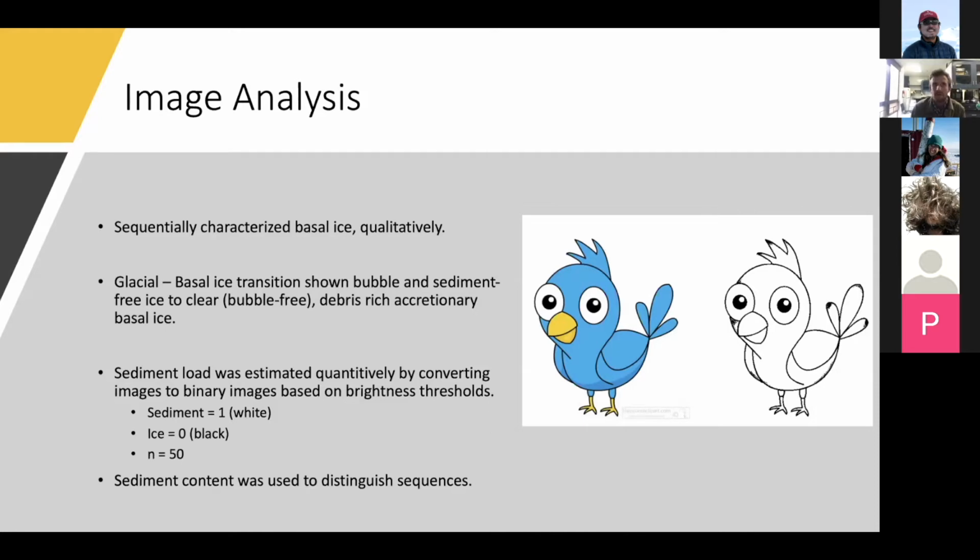And then by comparing the sediment area or pixels to the total area of each image, we were able to estimate the sediment content sequentially. This picture here with the bird is an example of how we could take a colored RGB formatted image and convert it to a binary, and then calculate the sediment content as a volume %.